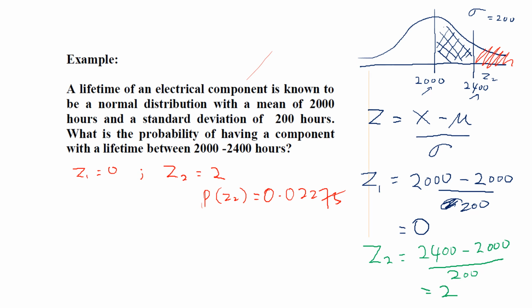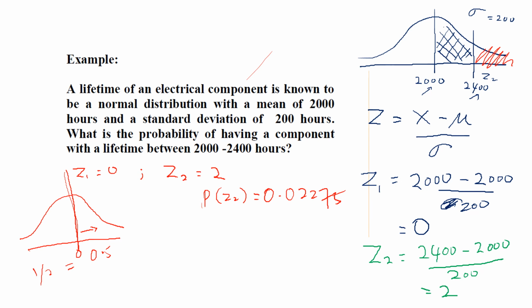We also note that the distribution is symmetrical about 0. The total probability is 1. So 0 here is if Z is 0, which means exactly the mean. So the area on the right side will be 0.5, because 1 divided by 2 is equal to 0.5.